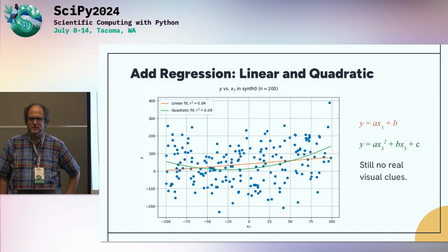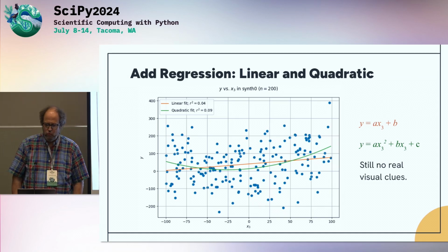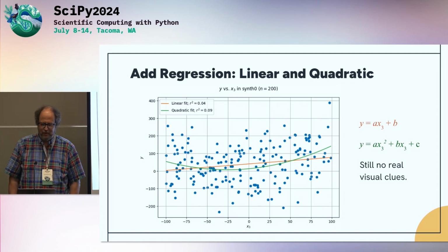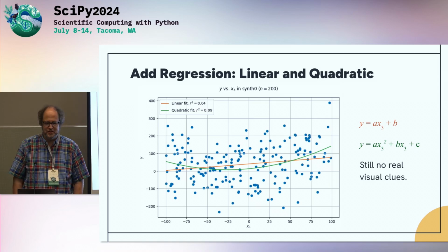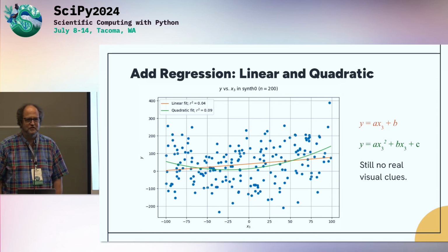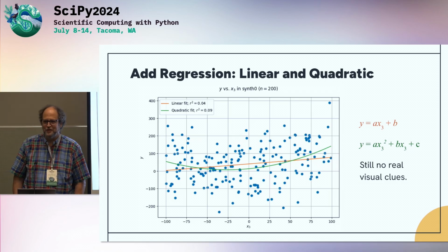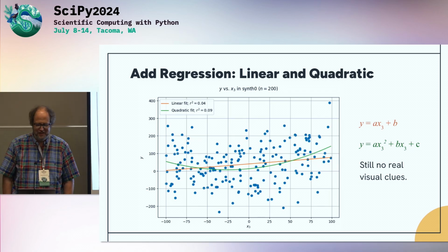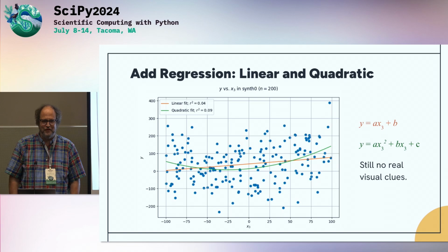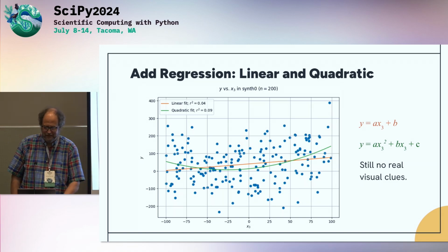So maybe the next thing I try is some regression methods. I did some linear regression here. I did a quadratic regression. R squareds aren't great, though that depends on what field you're in. Some fields, these are not terrible R squareds. Other fields, they're downright awful.